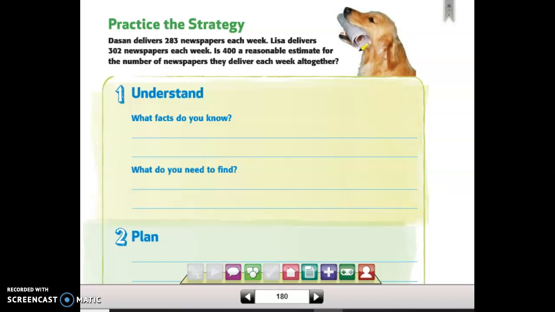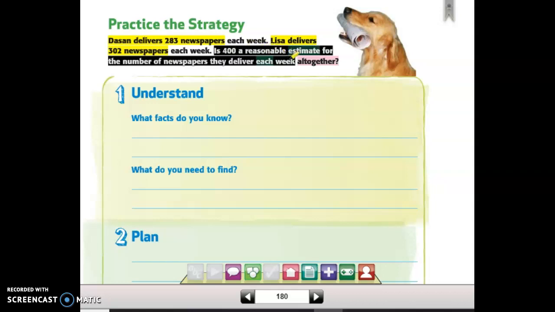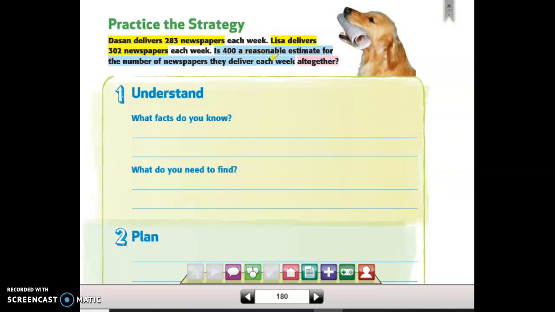Ooh, we've got some keywords I see: each, altogether, estimate. Those are some key words. What do I need to know? How many newspapers Dasan delivers. I need that. I need how many Lisa delivers. And I need my question. Is 400 a reasonable estimate for the number of newspapers they deliver each week?